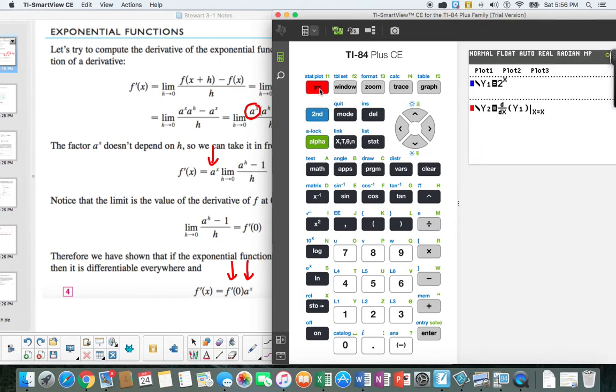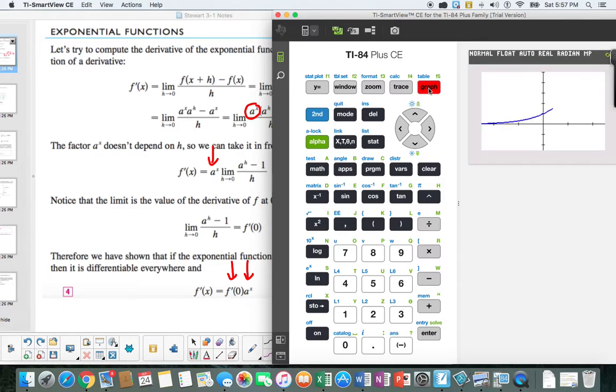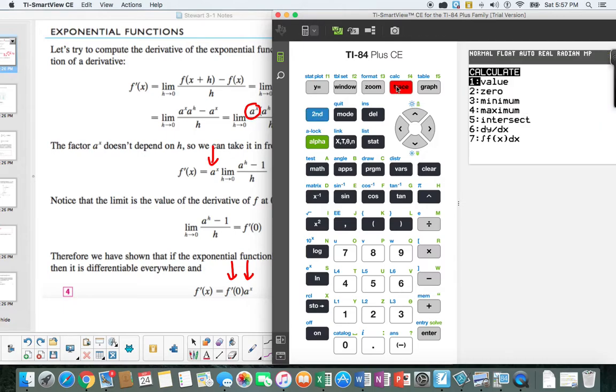Let's go to y equals, and I'm going to change my base. I'm going to make it 3 to the x power, and I'm going to graph. And here's 3 to the x power, and here's the derived function. I'm again going to evaluate the derived function at 0.